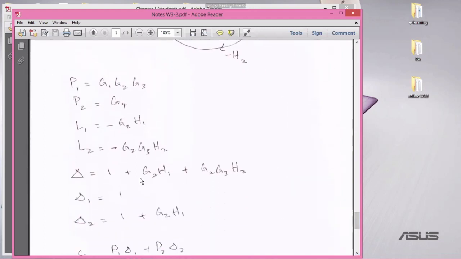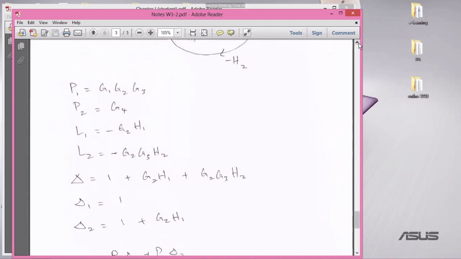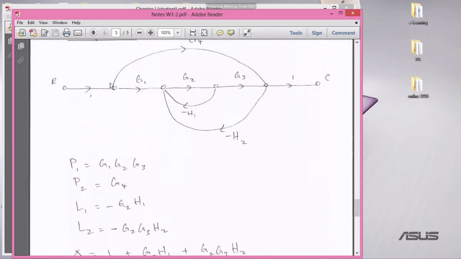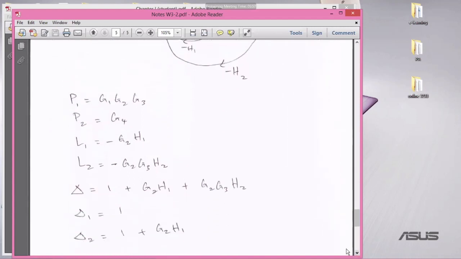So you only have the summation of the two loops. But now, since you have two forward paths, you need to have two deltas. For delta 1, both loops touch the first forward path. Again, you need to drop that from your delta to get delta 1. So delta 1 is only 1.